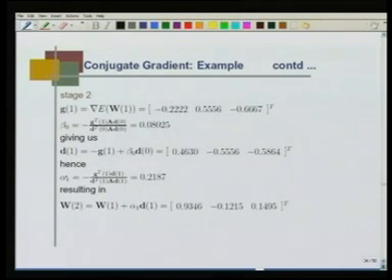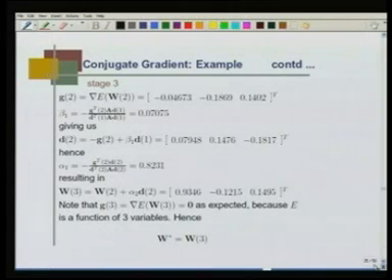So, using D1 and alpha 1 we compute W2, which is this vector, and in the third step you have D2, beta 1 and alpha 2, and using D2 we compute W3, which is W2 plus alpha 2 D2, which is this, and this is actually the minimum.